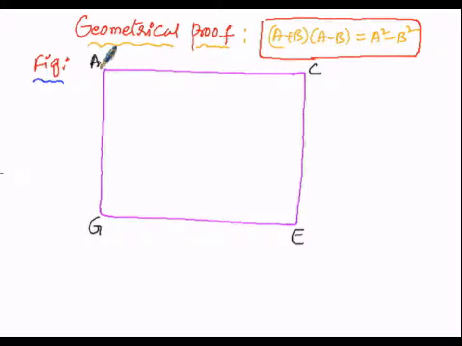Later I want to divide the side AG and as well as the opposite side CE by means of a line called HD, H and as well as D. Similarly, I want to divide sides GE and the opposite side AC by means of one more line, that is BF.